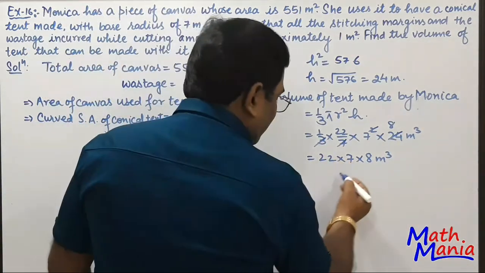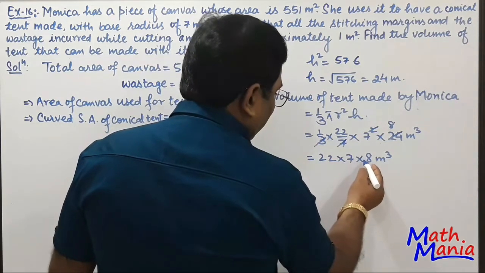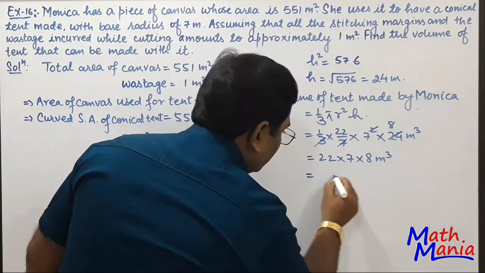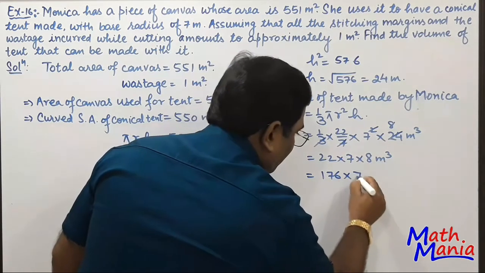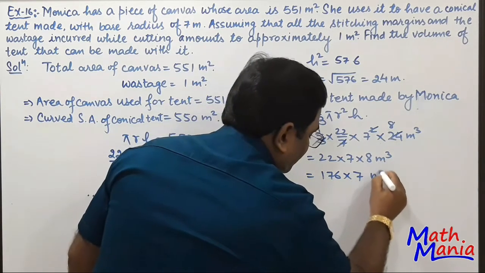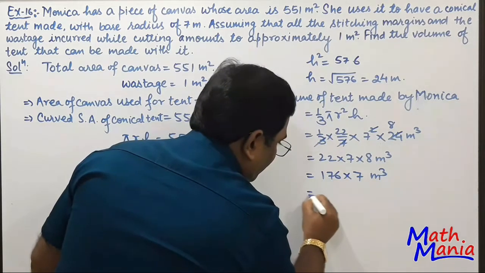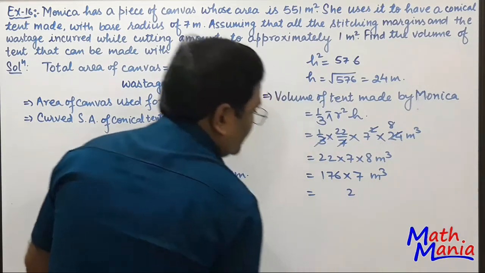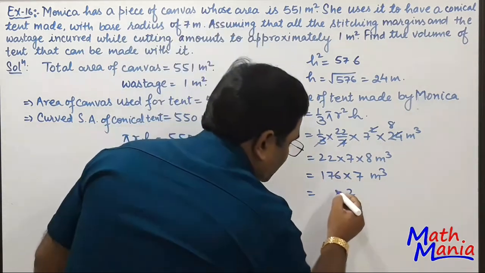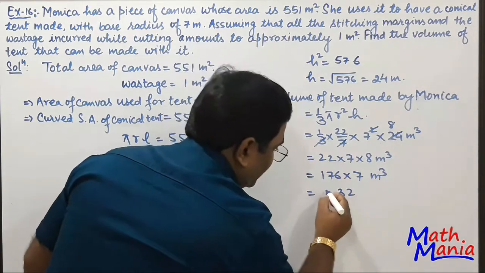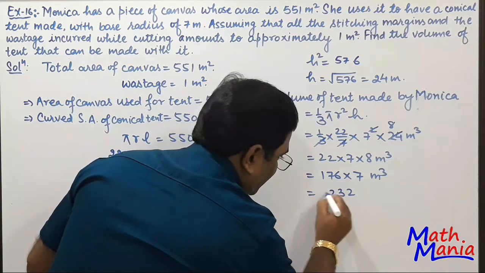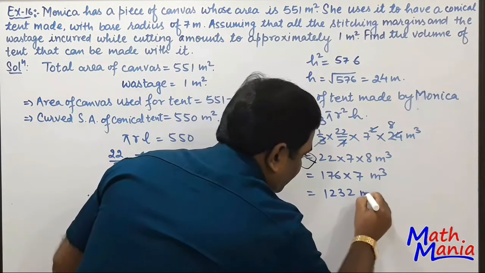Let's multiply it. 22 into 8 is 176, multiplied by 7 meter cube, which gives 1232 meter cube.